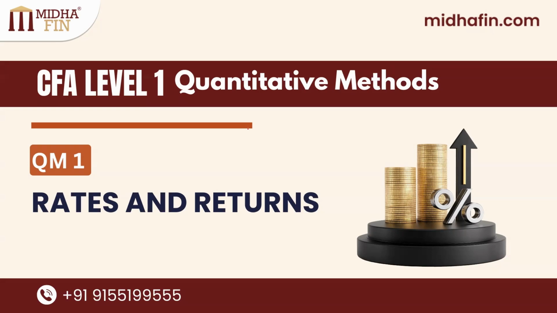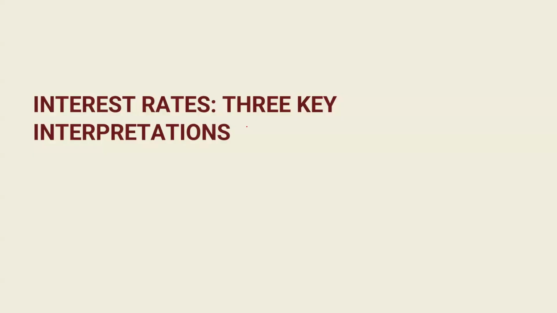Okay, thank you. So let's start the chapter. Earlier we discussed the three key interpretations in the prerequisite readings also. There are three key interpretations of interest rates. The first interpretation, if you remember, was the required rate of return.